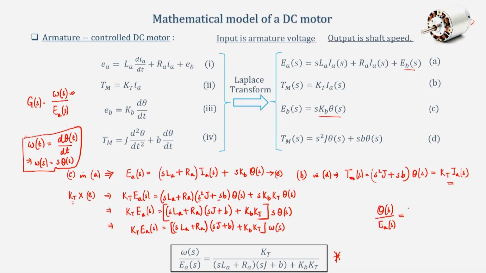So, this is nothing but Kt by, there will be an s term coming here, s (s La plus Ra)(s J plus B) plus Kb Kt. Okay. So, if I take theta s by Ea s, this will be the transfer function. If I take angular speed by Ea s, this will be the transfer function.